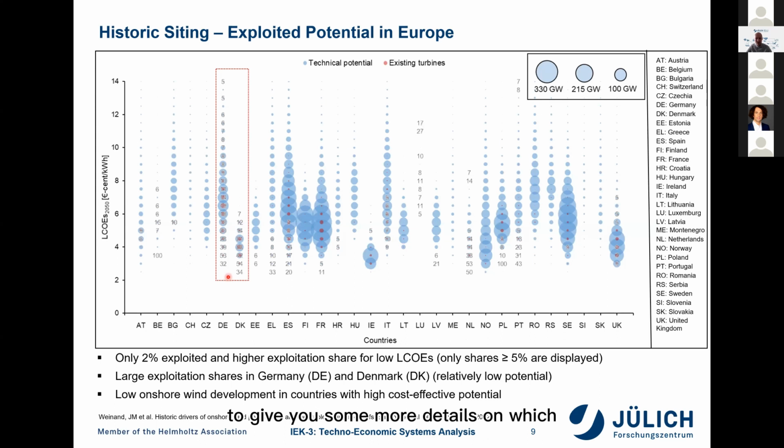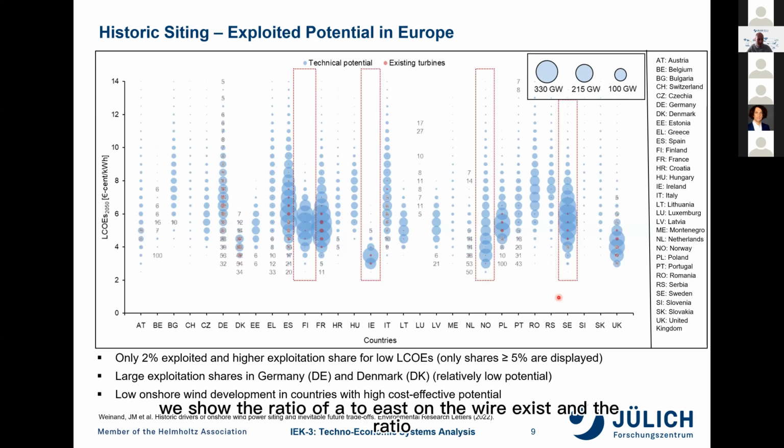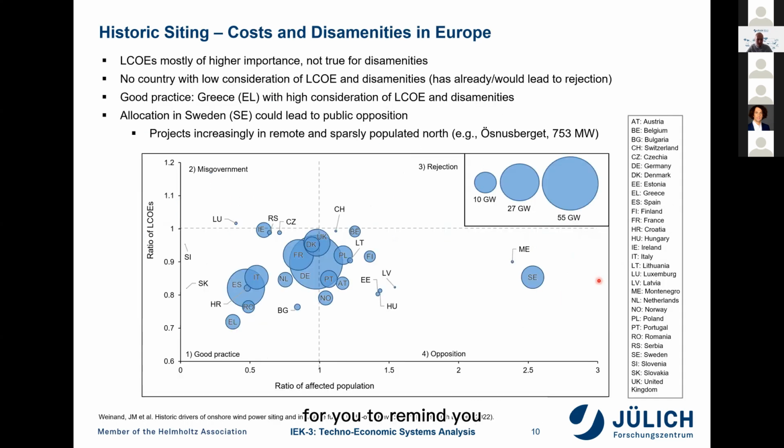And to give you some more details on which criteria were important in the past, in the historic siting, in this diagram, we show the ratio of LCOEs on the y-axis and the ratio of affected population on the x-axis. To remind you, affected population was to measure the disamenities. And first of all, it's important to understand this diagram.